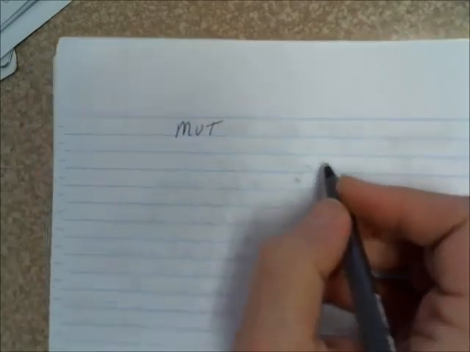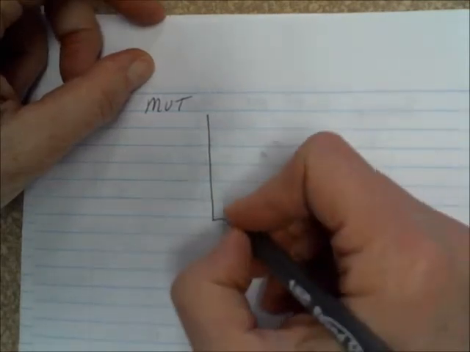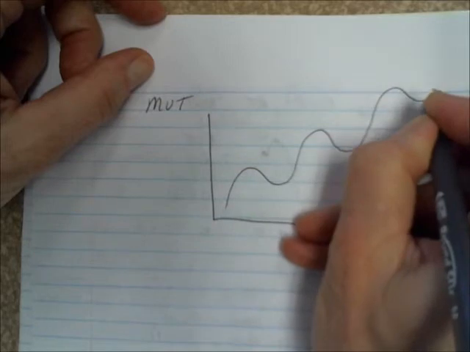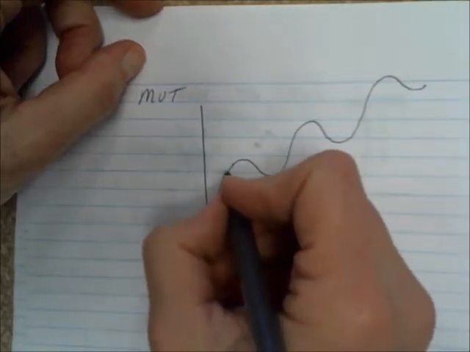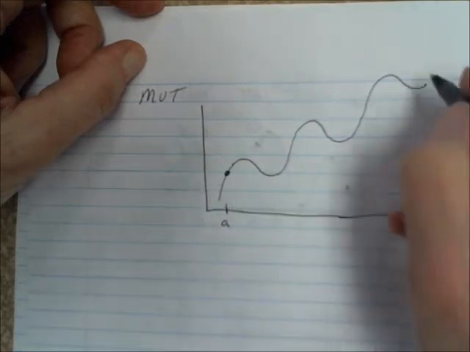And then the mean value theorem summary. The mean value theorem says that if you have a continuous differentiable function, let's say it looks like this, and let's say this point right here is A. This is a big long function.